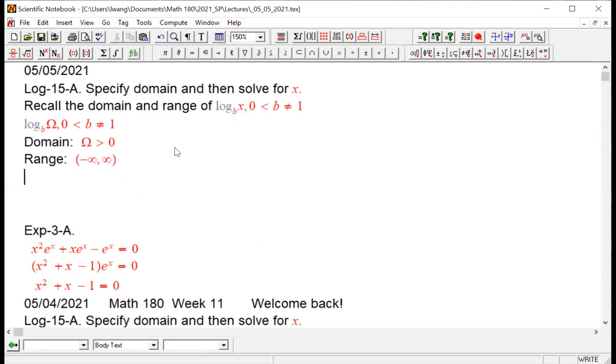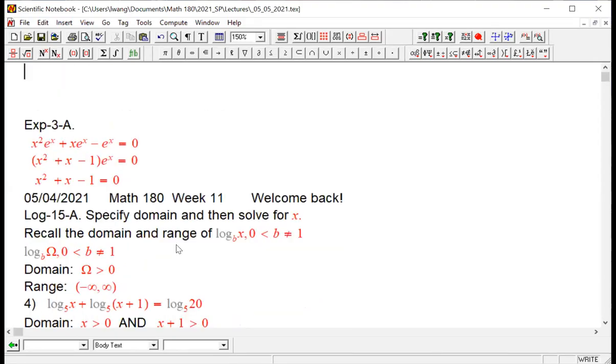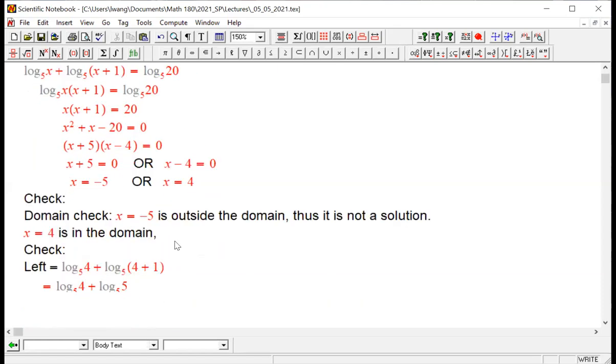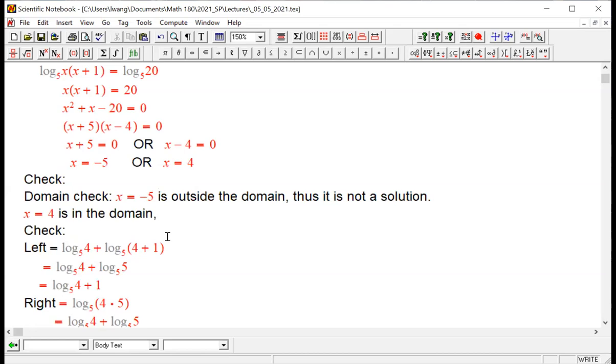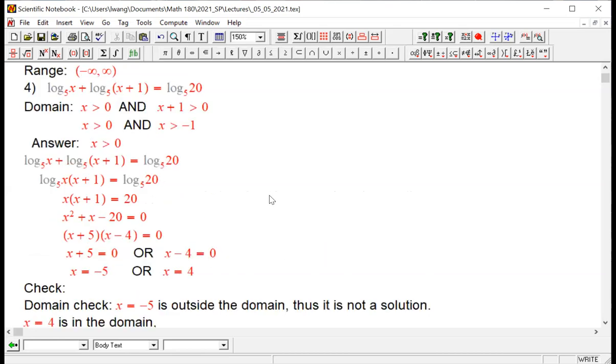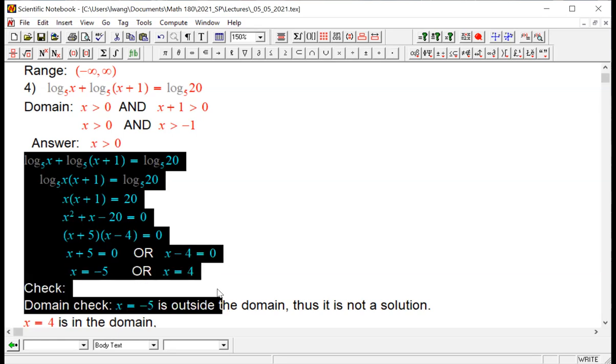Okay, so let's see where we left off. We left off at number 4, right? We went through the steps. We talked about how we're gonna work on these kind of questions. First, we determine the domain. And then we're gonna solve the equation.